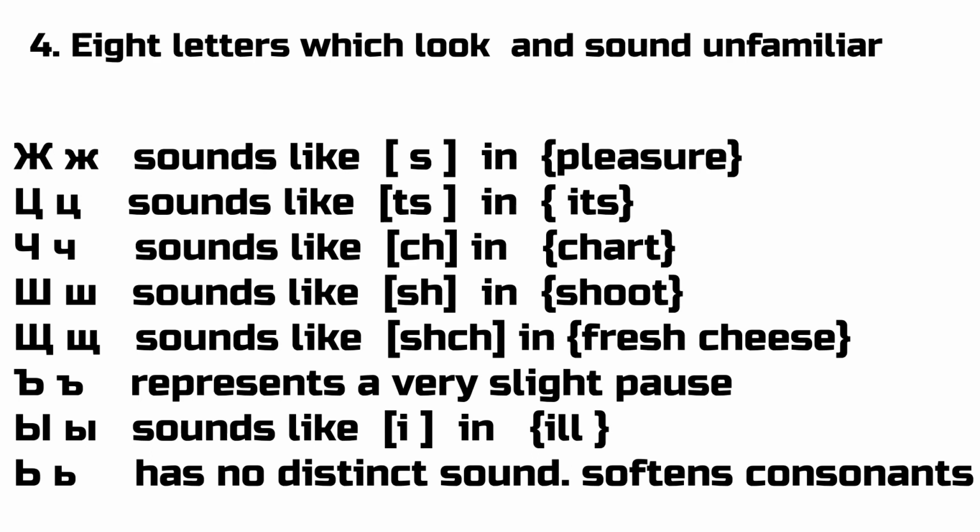Y. There is no real equivalent in English for this letter. However, the nearest sound is I, found in ill. The soft sign, myagkiy znak, has no distinct sound of its own. It usually softens the preceding consonant.